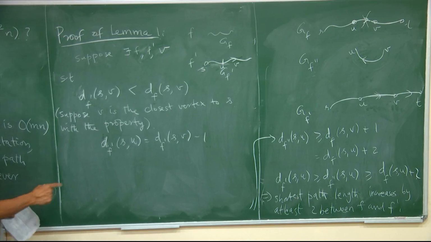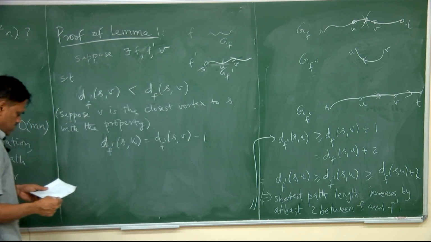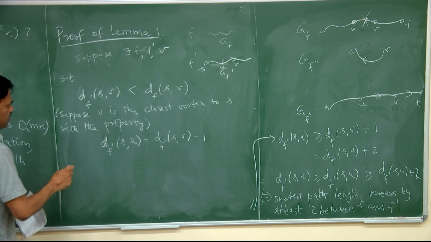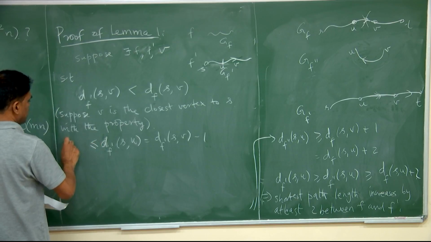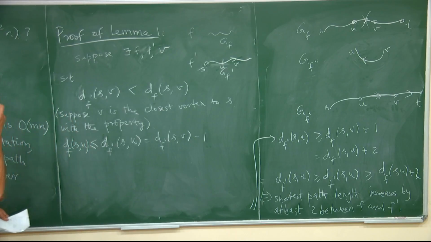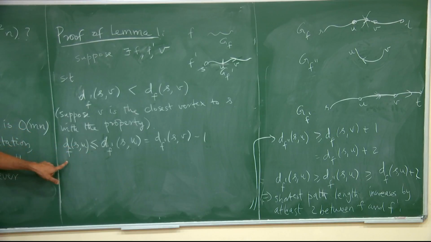Then the shortest path from S to U is nothing but S to V minus 1. And I know that this is greater than or equal to dF of SU, that the shortest path in F prime from S to U is greater than or equal to this. Why is this?